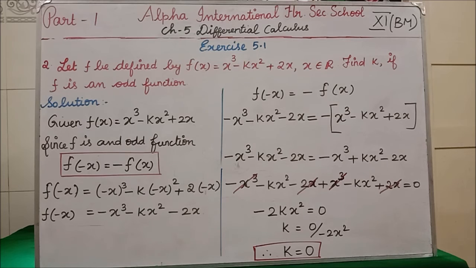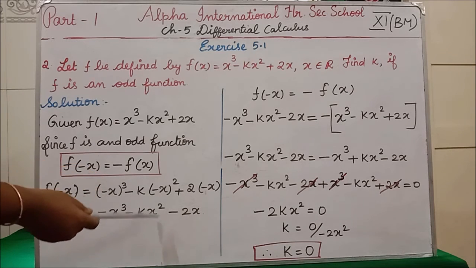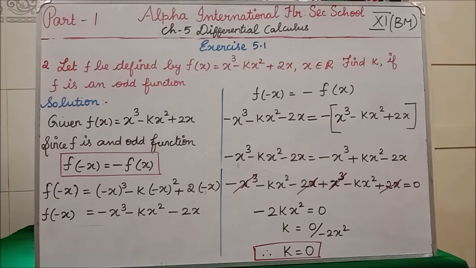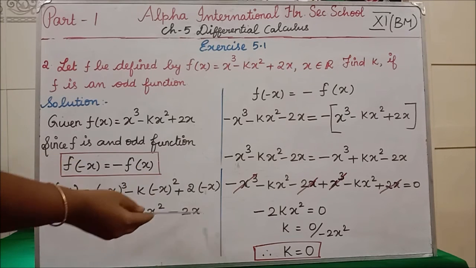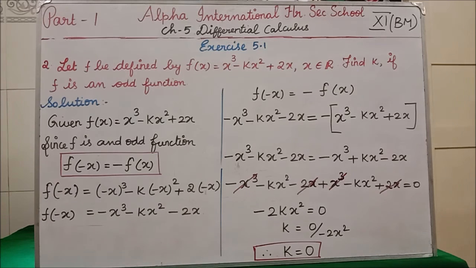If the powers are even numbers, you will get the positive sign. That you know from the lower class itself, isn't it? Now we will see next. Minus k, your power is even number, so we are getting positive. So we are getting plus x square, and plus into minus is minus 2x we have got.